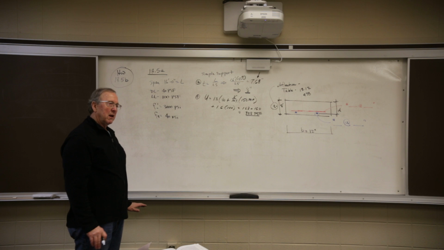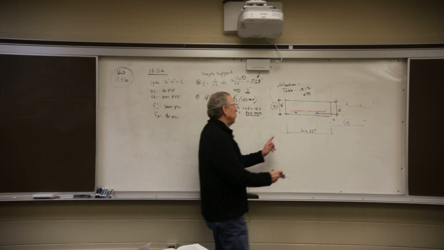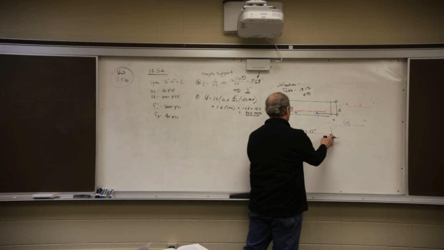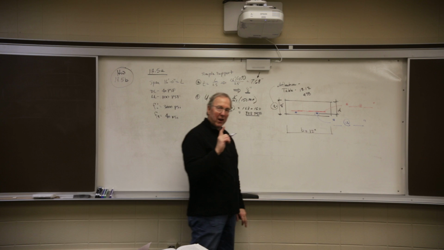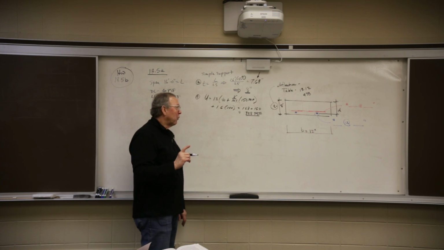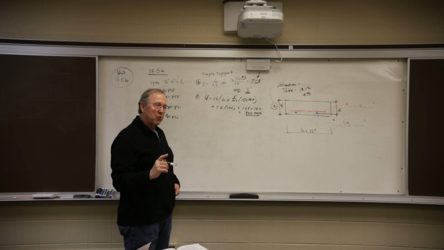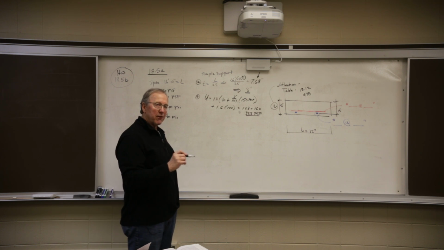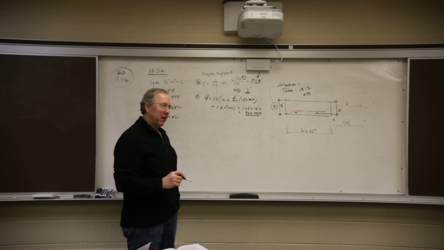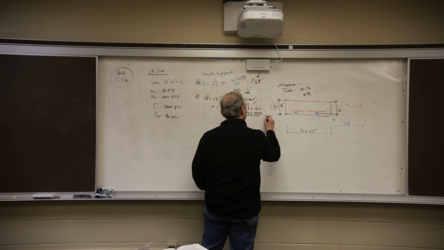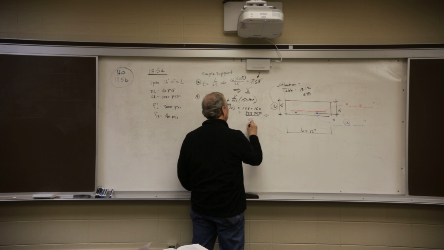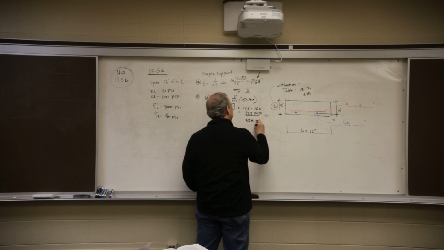Well, if our slab width is 12 inches, that's 1 foot. If it's 1 foot wide and it weighs 328 pounds per square foot, it weighs 328 pounds per foot. So I can write 328 pounds per foot.